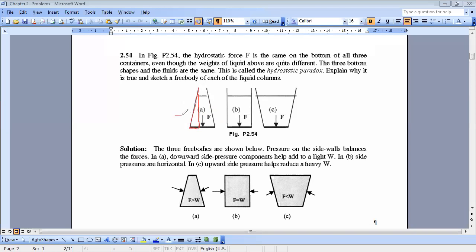Again, in the horizontal direction, the forces will cancel out, because if you remember, when I consider a certain surface, even here, if it's an inclined surface, I can still apply the concept of curved surface. So if I project it on the vertical plane, FH will cancel out the horizontal forces.